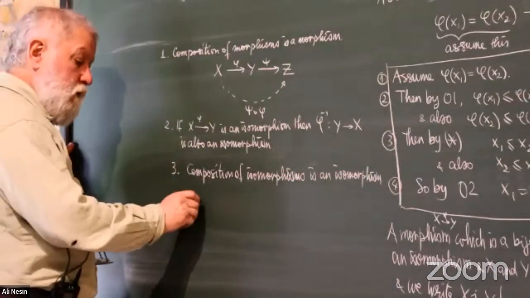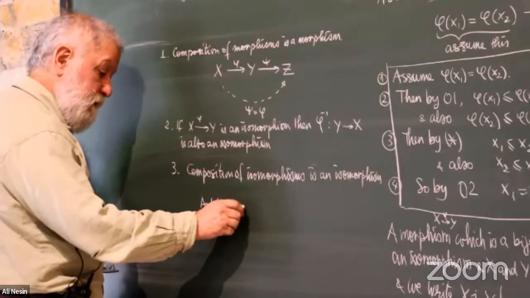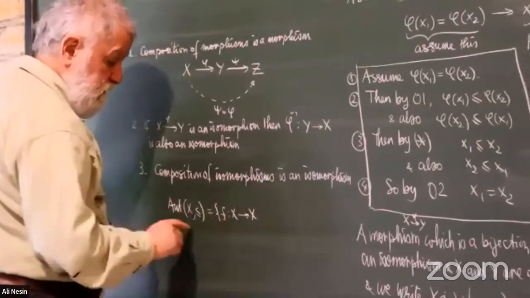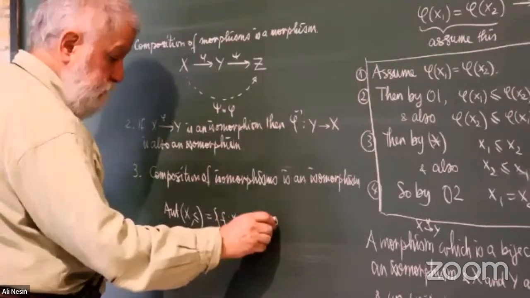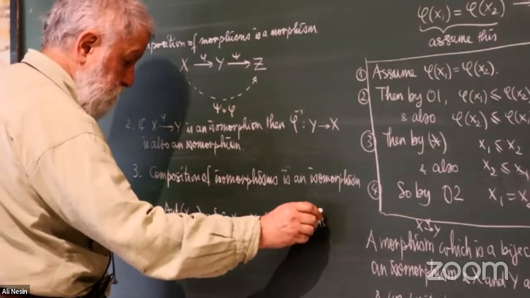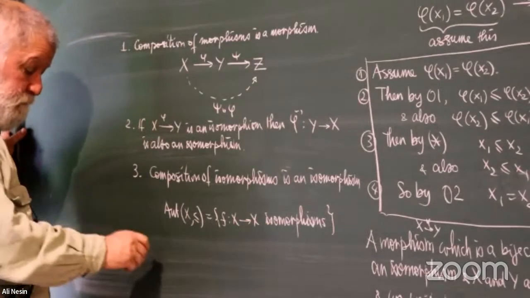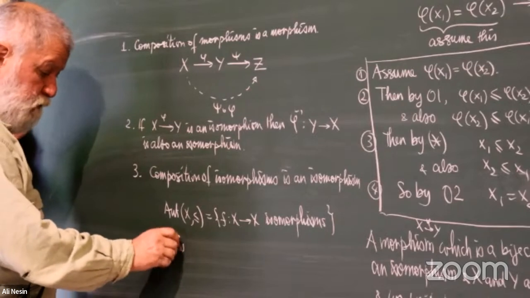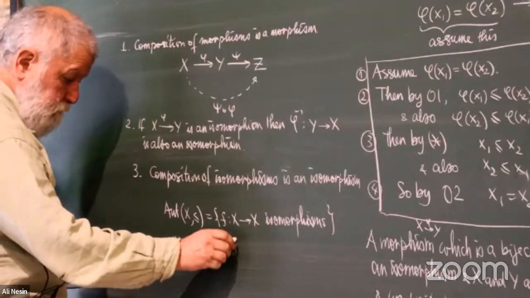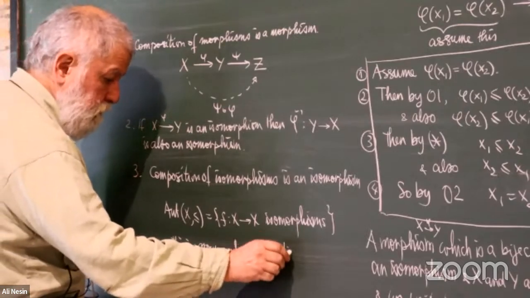We can define automorphisms of a partially ordered set, x with less than or equal. These are the maps from x into x, isomorphisms from x into itself. This is a group under composition.